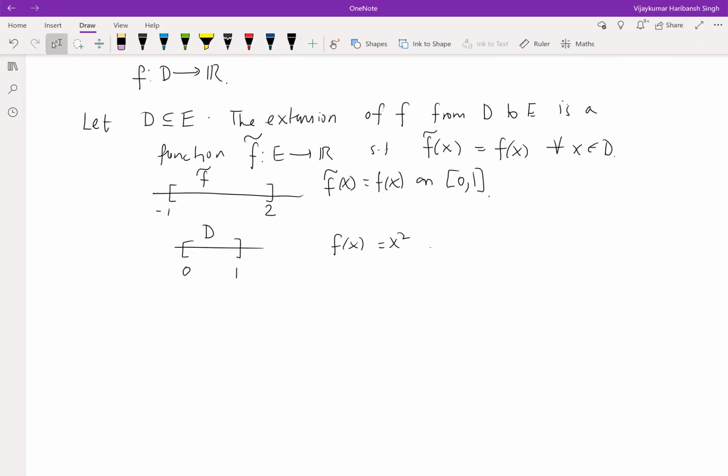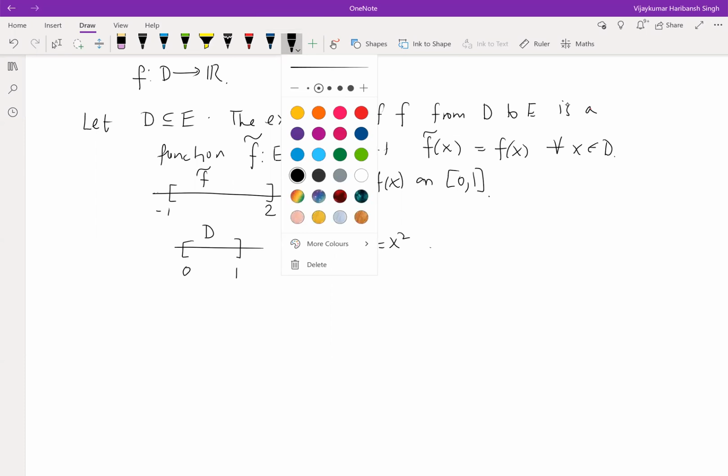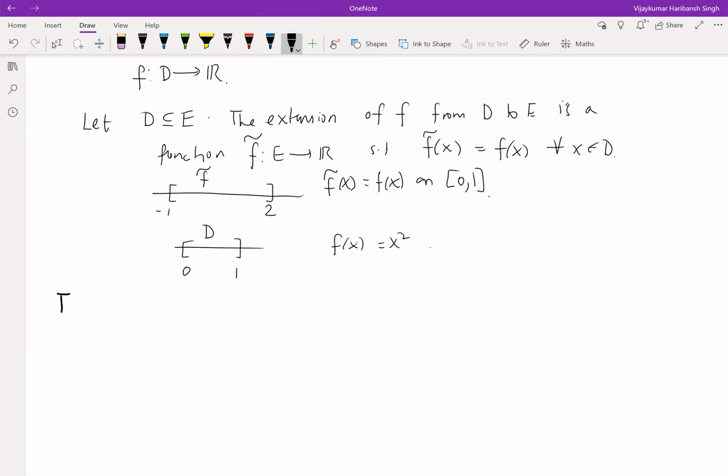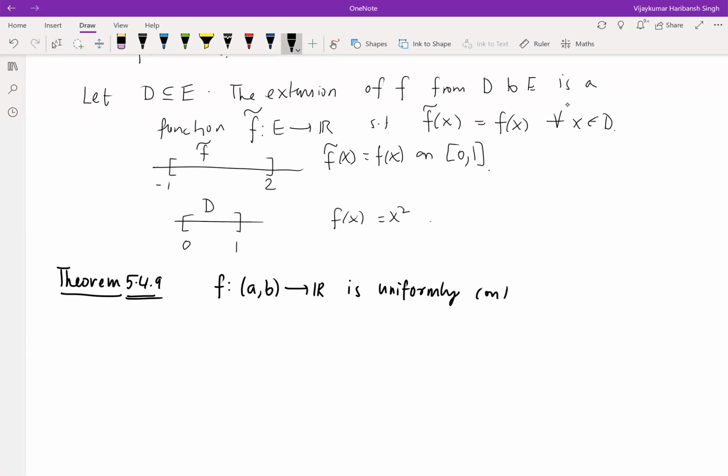So uniform continuity basically lets us extend our function in the following way. This is theorem 5.4.9 from the text. It says the following. If we take a function f from (a, b) to R, which is uniformly continuous on (a, b), if and only if it can be extended to a function f tilde.